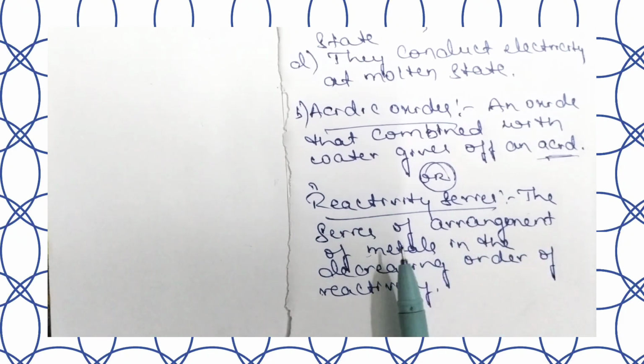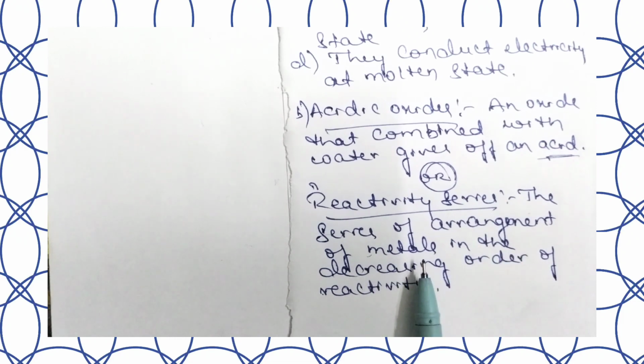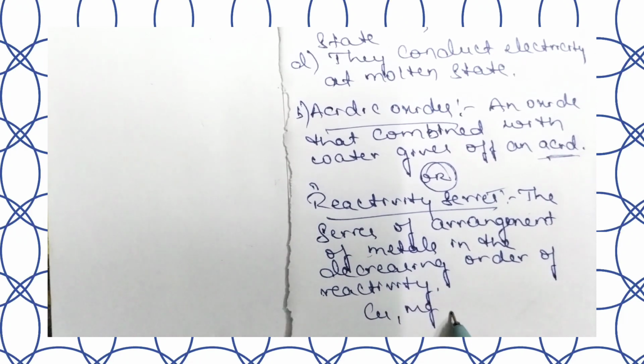If you arrange the metals in the decreasing order of their reactivity, then it is called reactivity series. Now they have given copper, magnesium, iron and zinc.